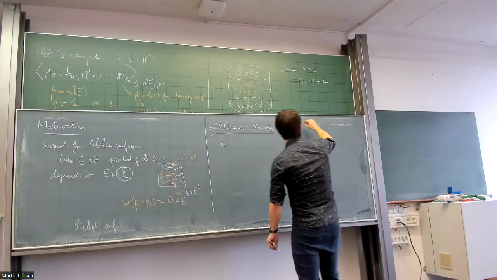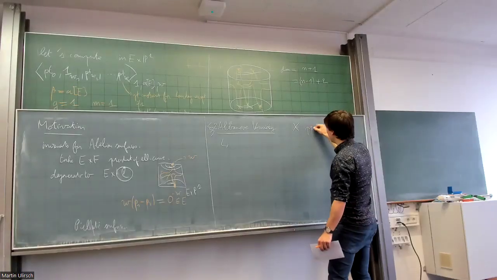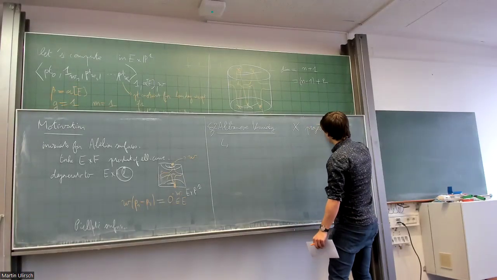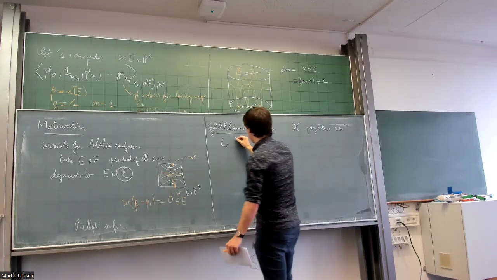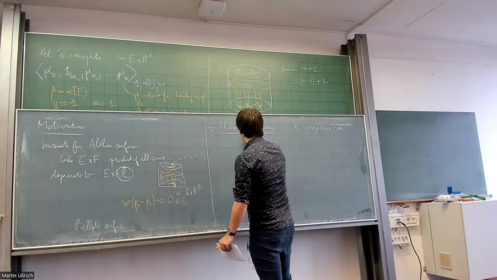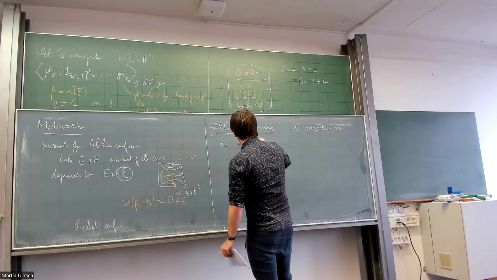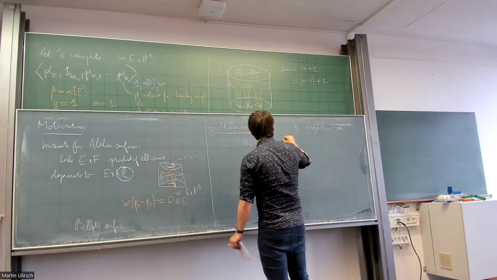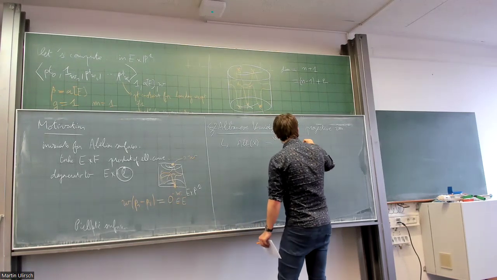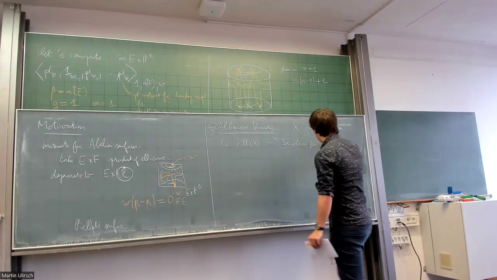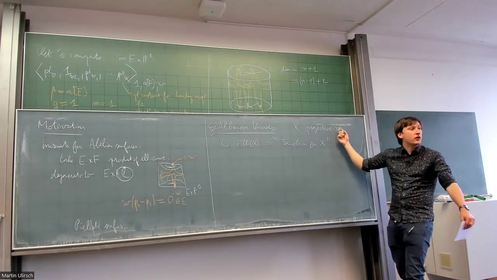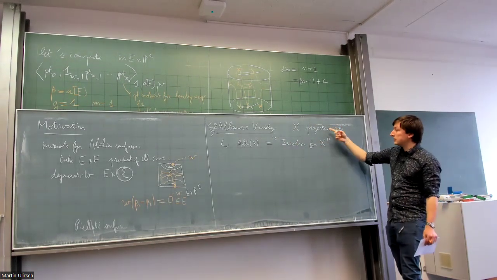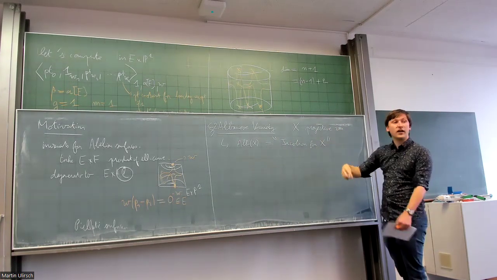Go back to the general setting where X is a projective variety. And then above X, you may view it as a Jacobian for X. Jacobian, you know, for a curve. X is not necessarily a curve. It will be its Jacobian if X is a curve, but it's like a generalization, if you wish.